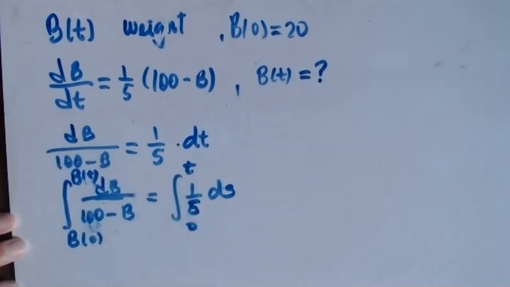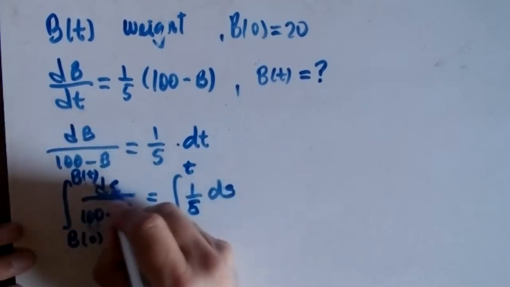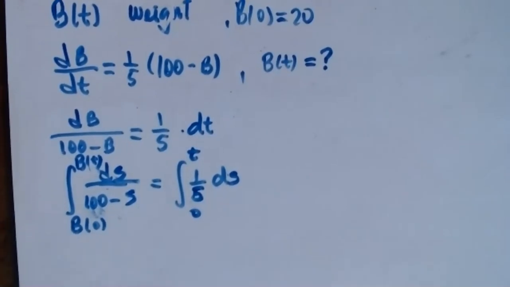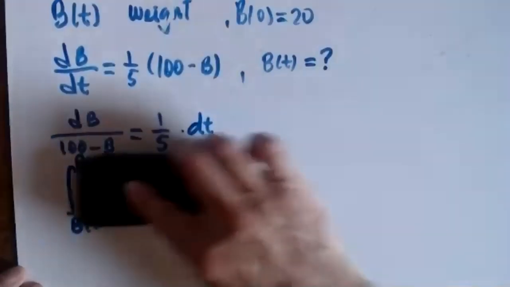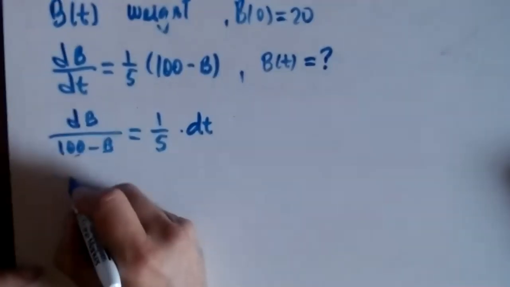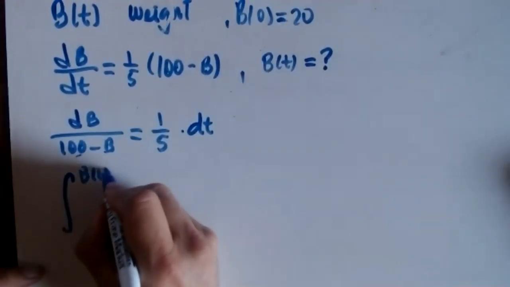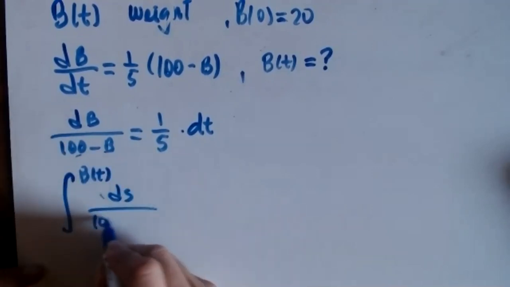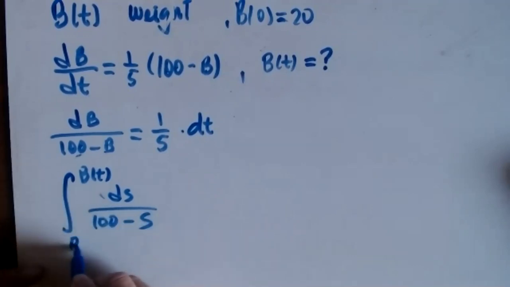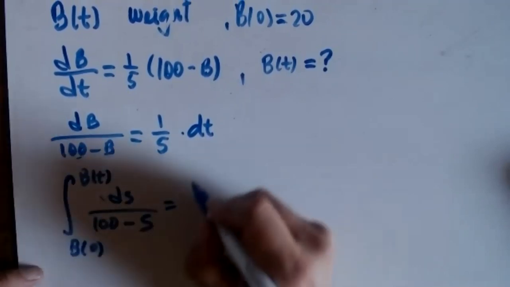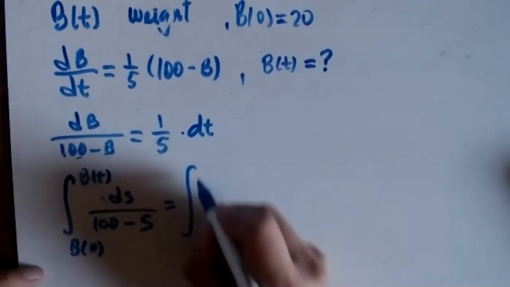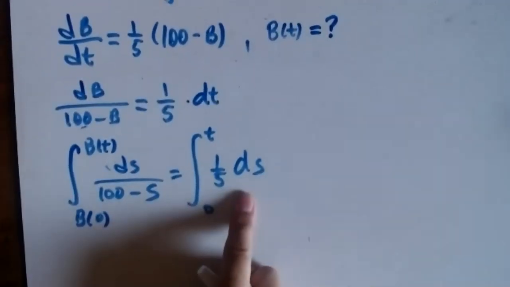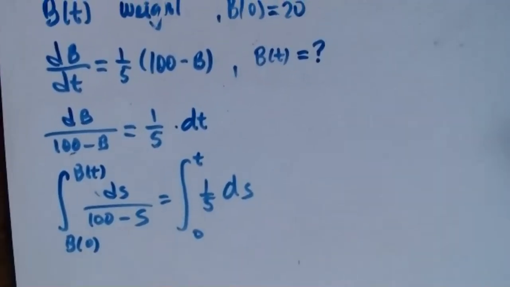Let me just change the variable also to s, just to be consistent with the calculus, correct? So it is the integral from b of 0 to b of t of ds over 100 minus s equals the integral from 0 to t of 1/5 ds. Okay, what is this integral?